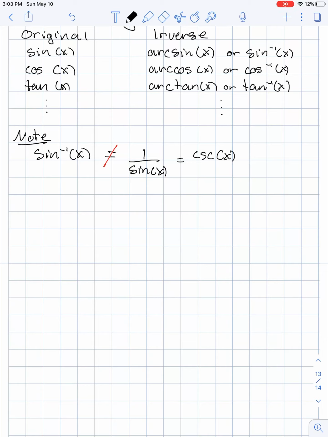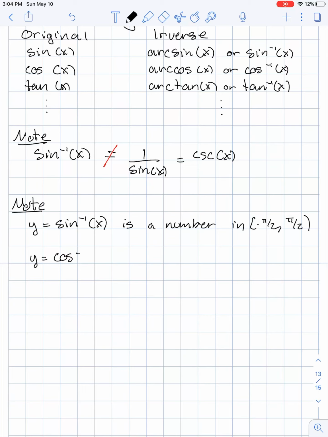So remember what I said earlier, that y equal to sine inverse of x is going to be a number in the range negative pi over 2 and pi over 2.